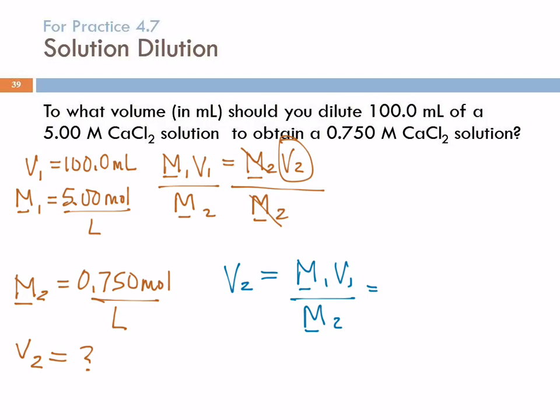So I've got M1 is 5.00 moles per liter. The question earlier was, do we have to convert to liters? I'm being very careful here to put all my units in, and then we'll see what we need to do. So there's my molarity 1, and my volume 1 is 100 milliliters.